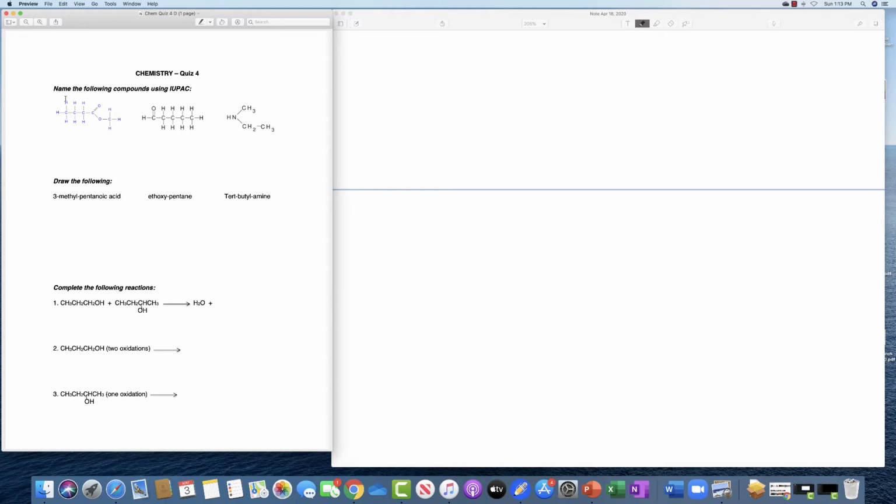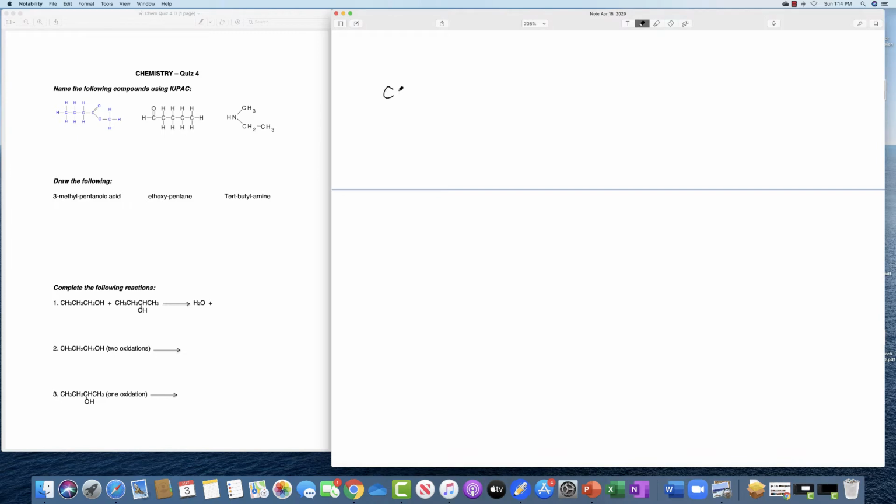We want to find the name of these following compounds. So let's write this first one down. And I'm going to show you the way I do it in terms of figuring out the best way to get the right name here.